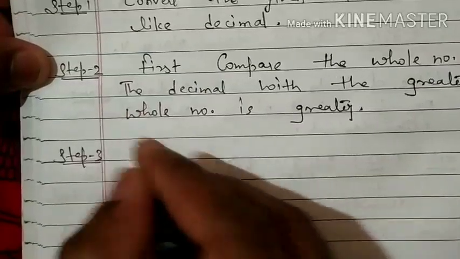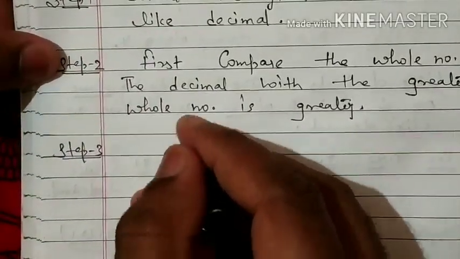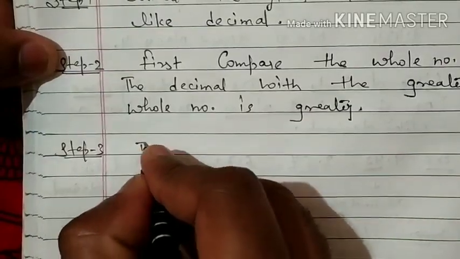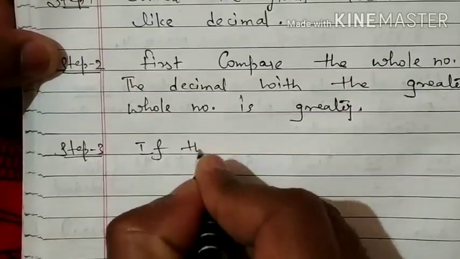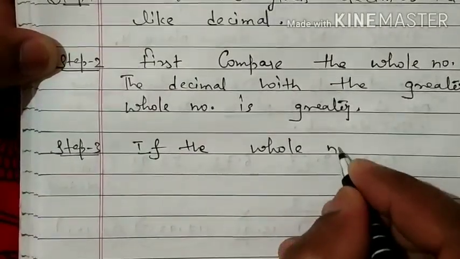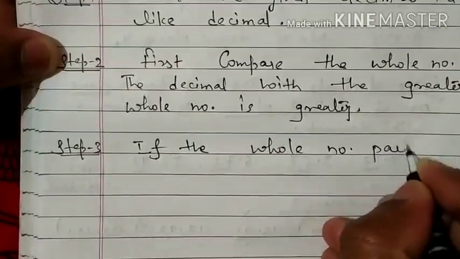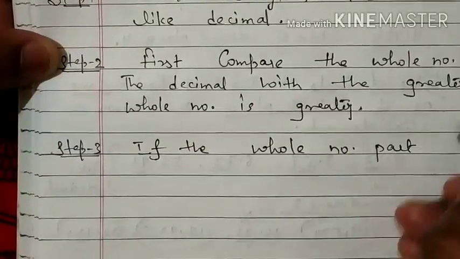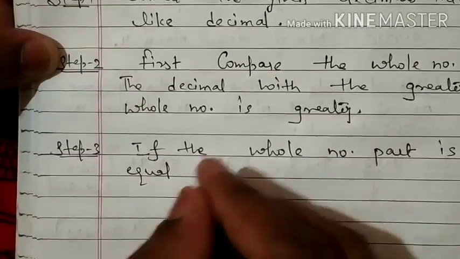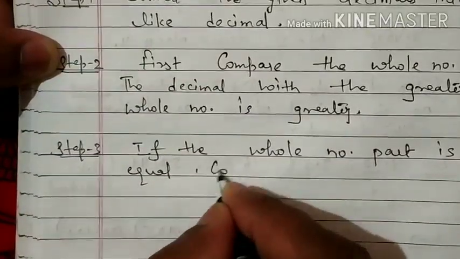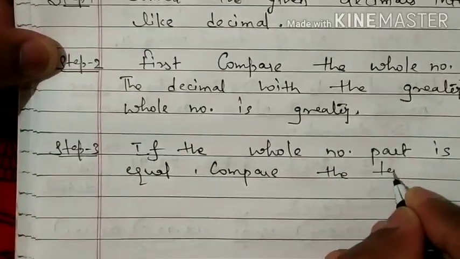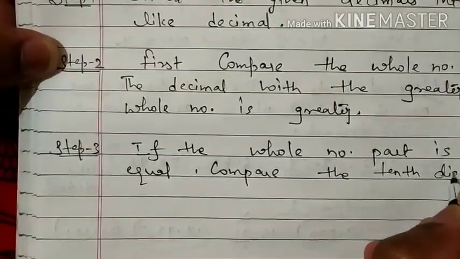Step 3: If the whole number part is equal, compare the 10th digit.